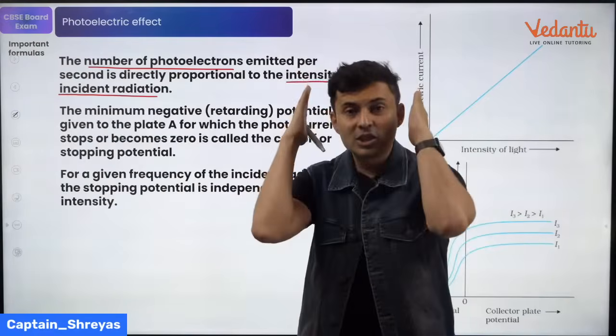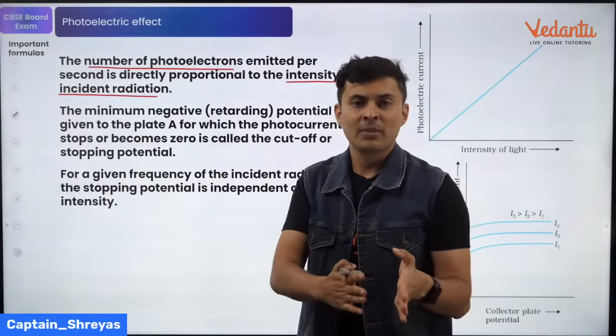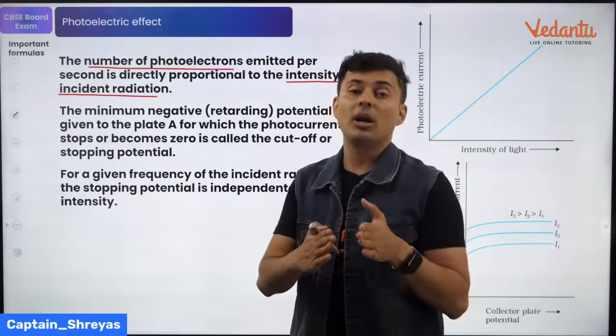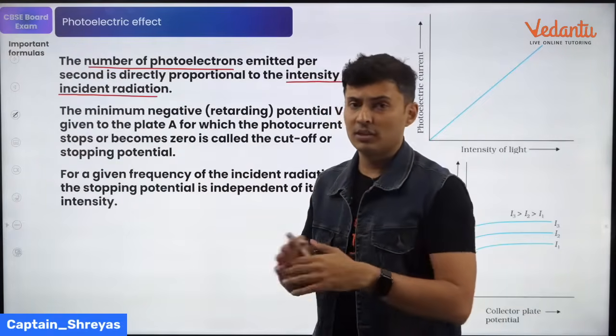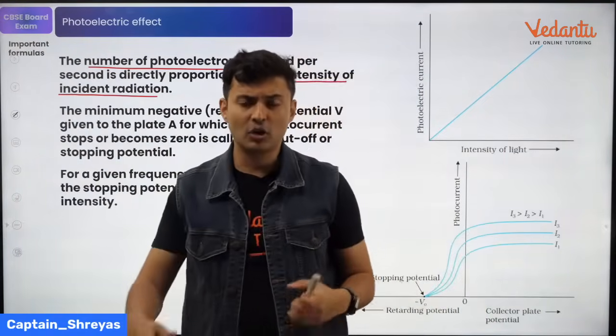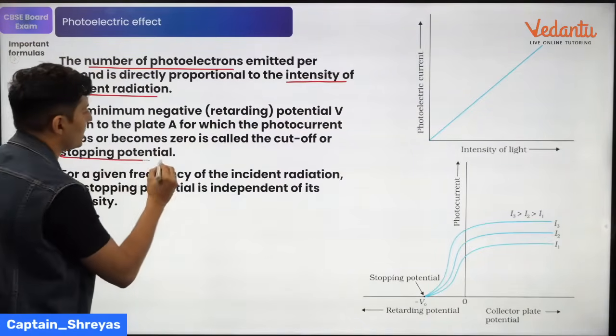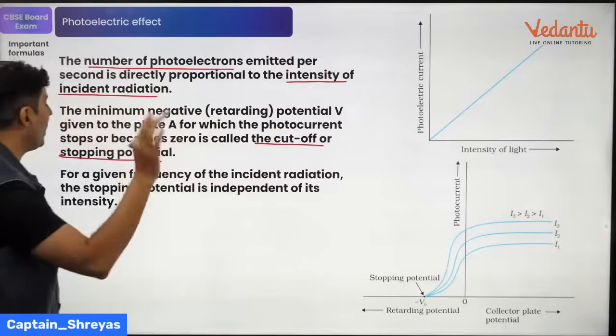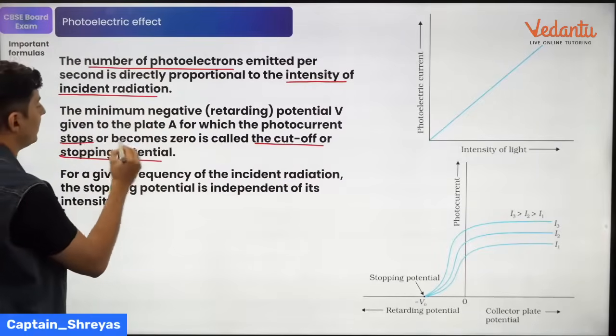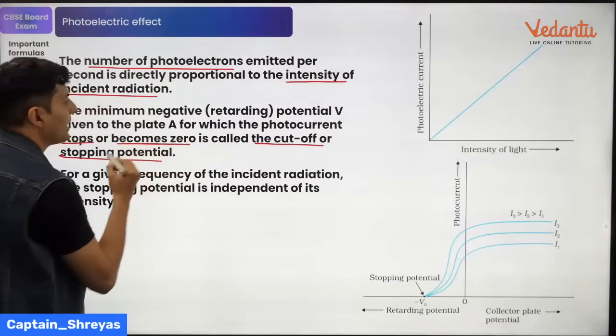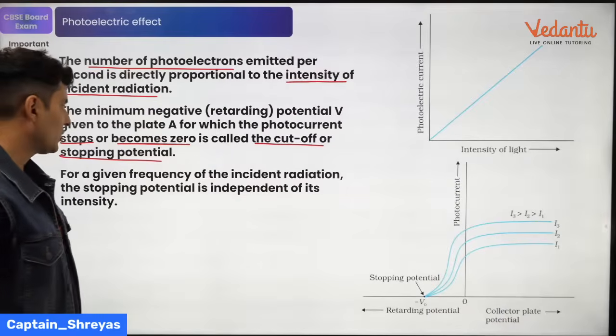That voltage which stops the photoelectric effect, which stops the current, is called the reverse voltage or the stopping voltage, stopping potential. So this stopping potential is going to stop the photocurrent. The photocurrent becomes zero.